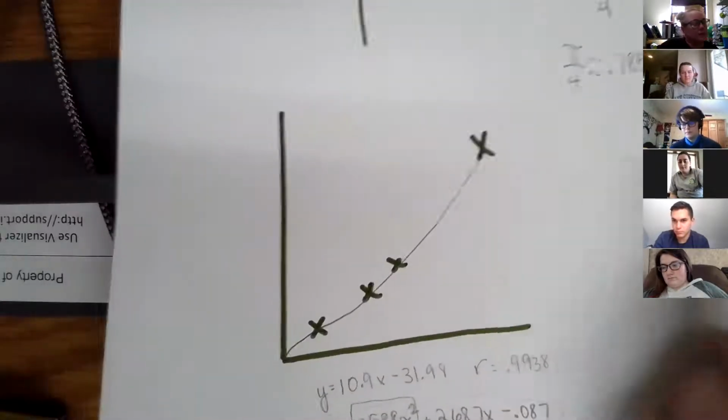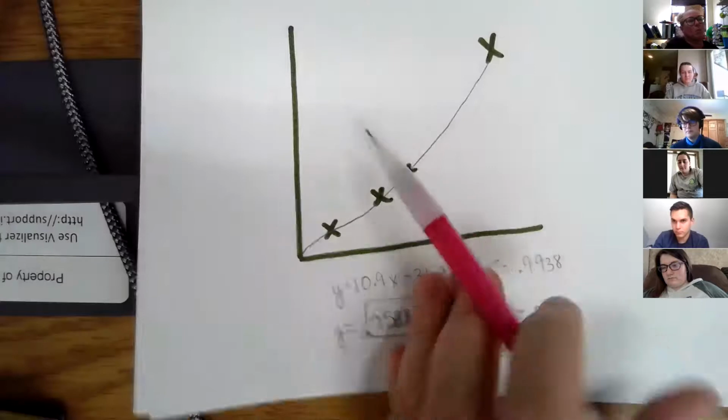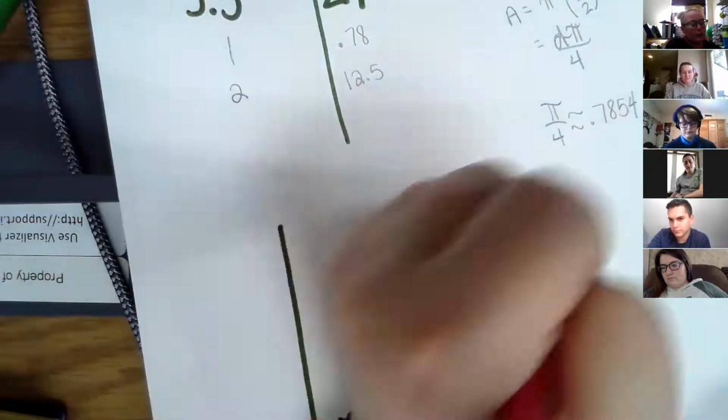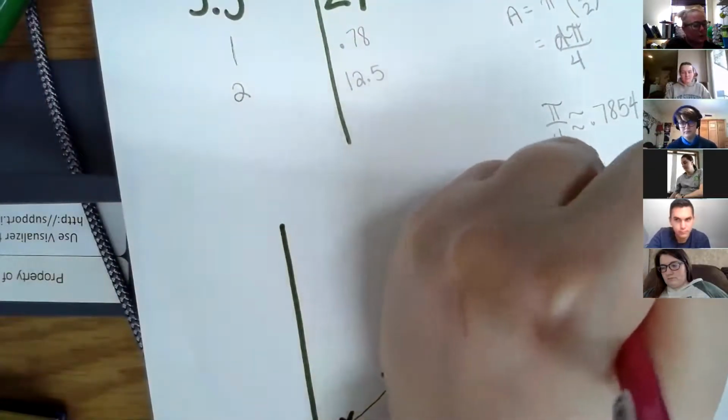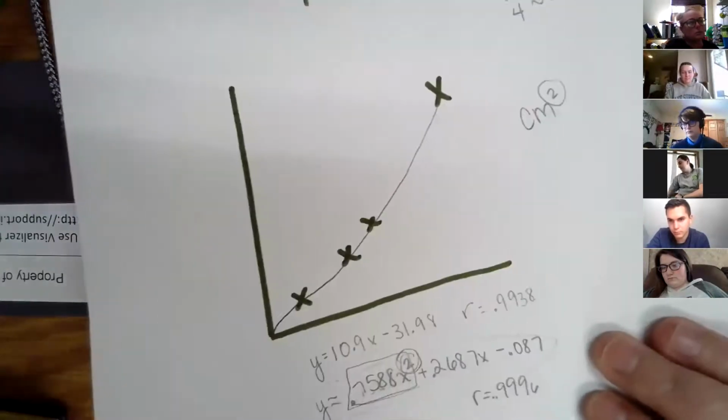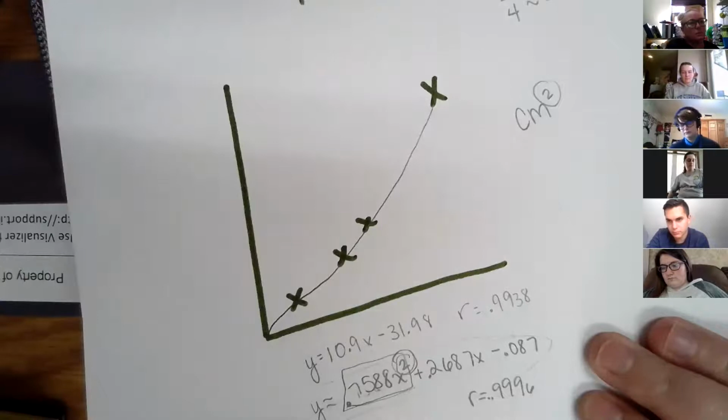Since the degree on this function that models this is a degree 2, that's related to our units being squared units. So these would be squared centimeters for the area, right? A 2 and a 2. Does that make sense?